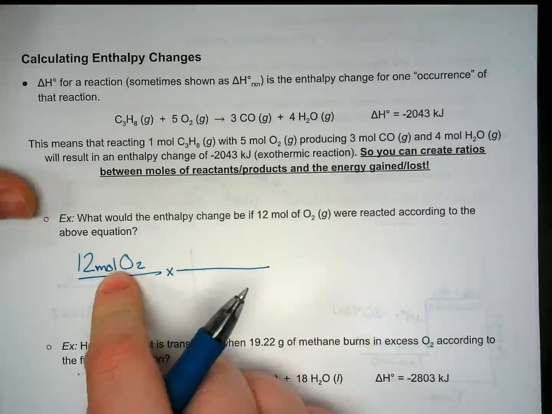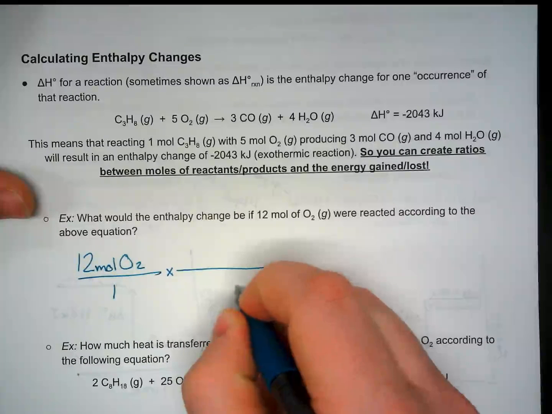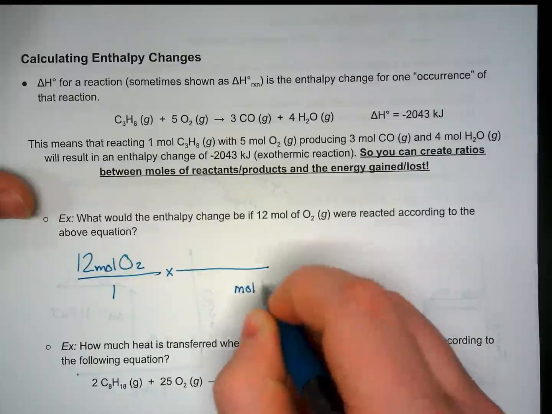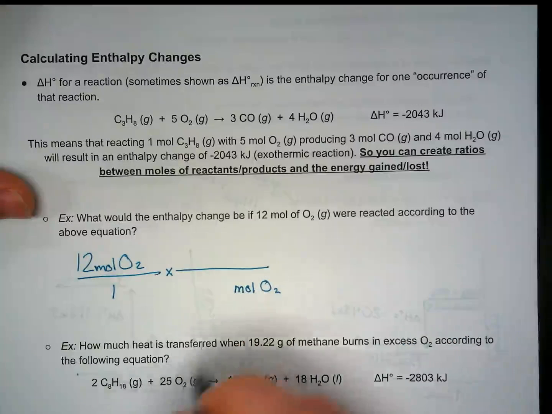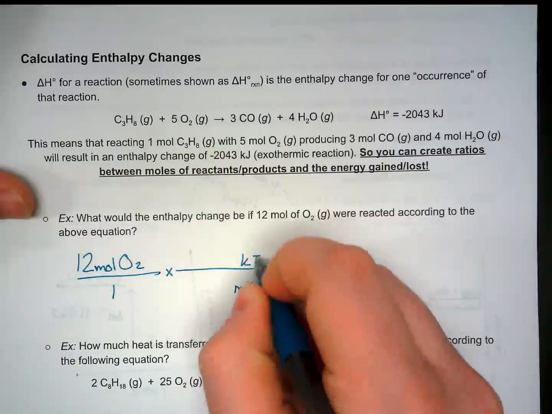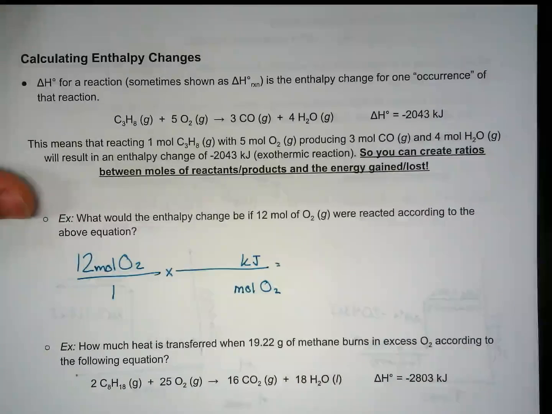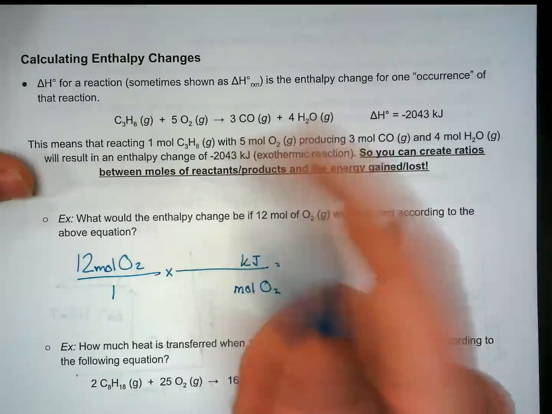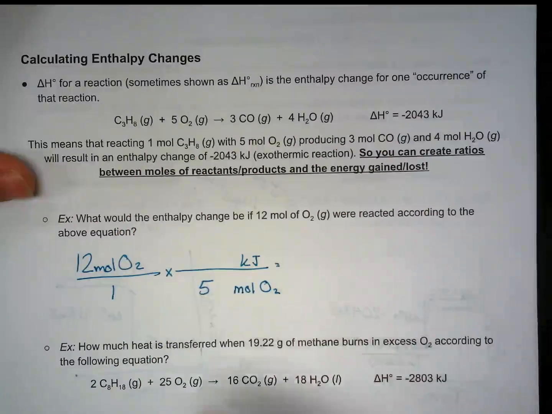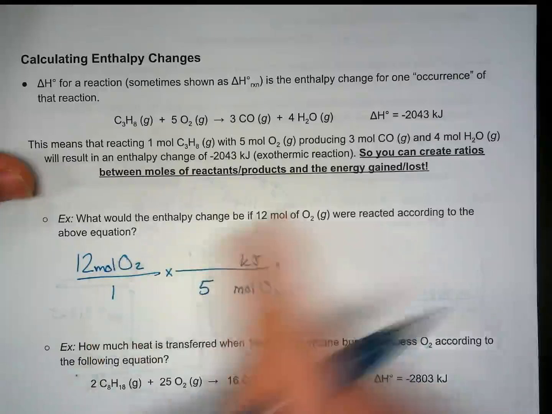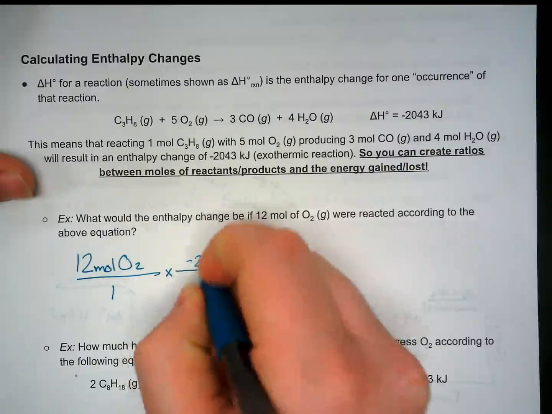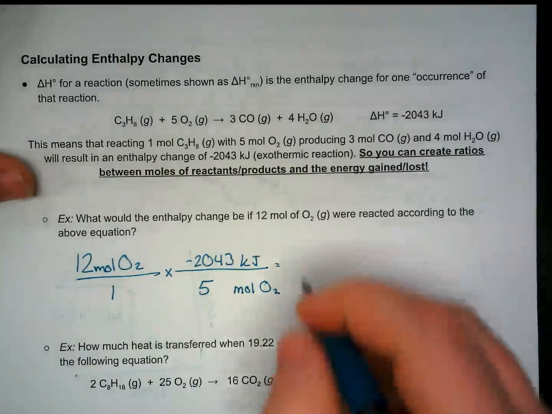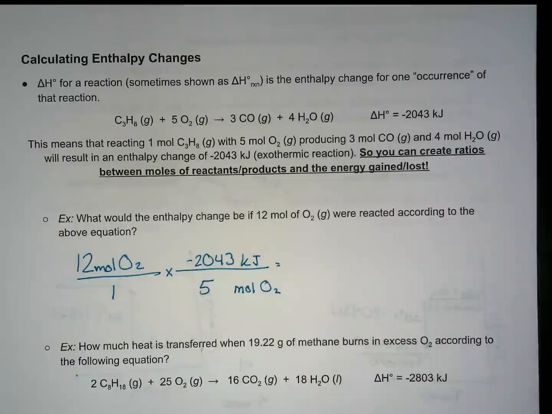So moles of O2 is our old unit, and we want to get rid of that, and see how many kilojoules of energy are going to be lost. We put the number of moles found in the chemical equation for O2 on the bottom, and then up top, the amount of energy we expect to be lost.